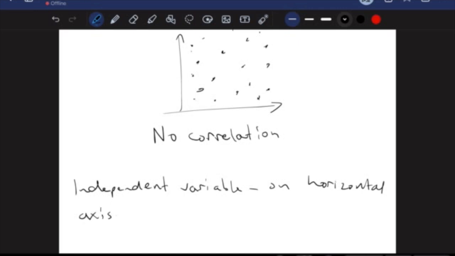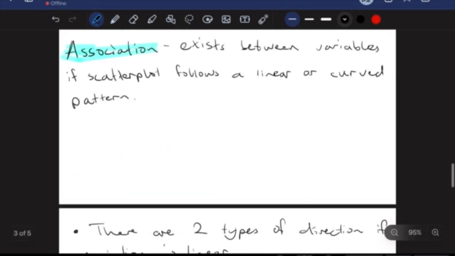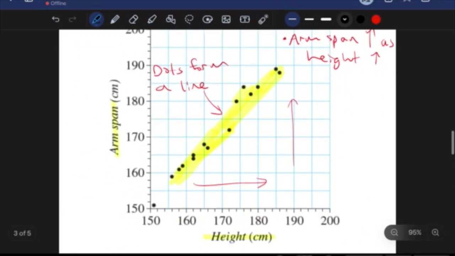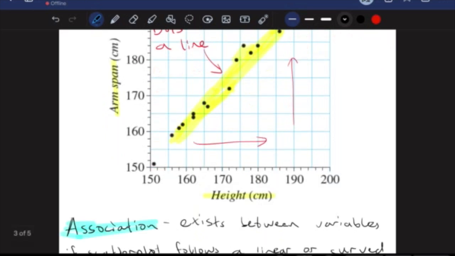So this is the variable that just changes. This is actually the one that influences the other one. And we always label this on the horizontal axis. So if we have something like this, with this particular example, the height of a person is going to influence their arm span. So we've measured a bunch of heights and these just change normally. This sits on our x-axis.